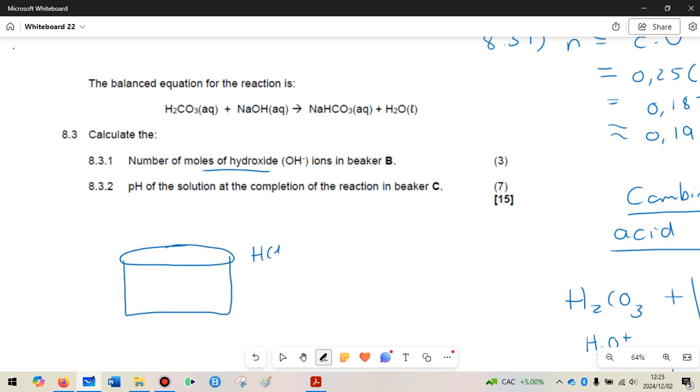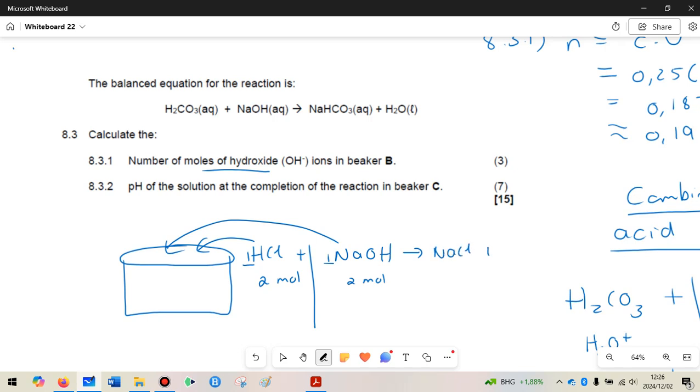If I have a strong acid and a strong base, and I add them together in a beaker, and I add the, quotes, correct amount of these two, in other words, a correct mole ratio, so let's say I add 2 moles of this and 2 moles of this, I should form a salt and water, and if I add 2 moles of each, they'll completely balance each other out, and my final product will be a salt, which is neutral, and water, which is neutral, and my pH would just be 7.